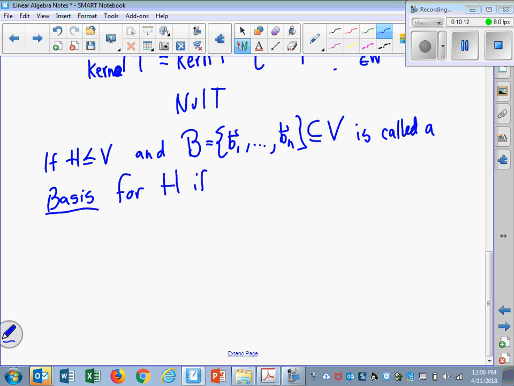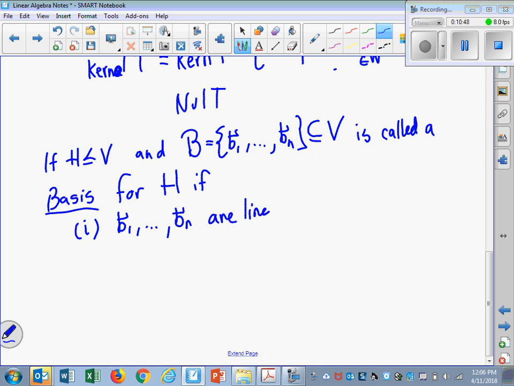What are they? The first thing, in order to be a basis, is that the vectors b1 through bn must be linearly independent. We've talked about linear independence, but I didn't talk about linear independence in a vector space. It's the same principle as before, and I'll remind you of that right after this.